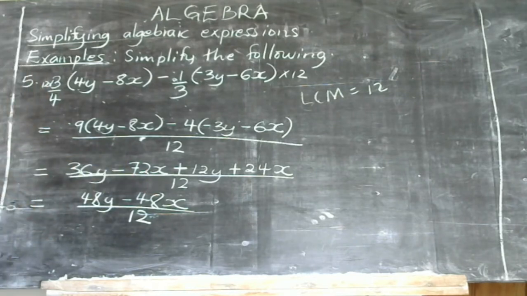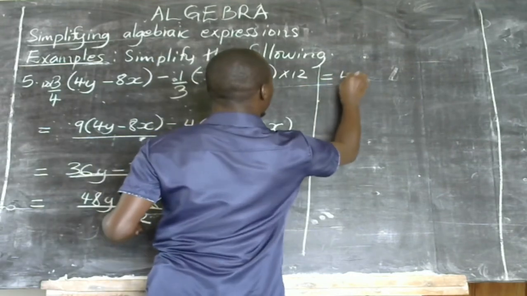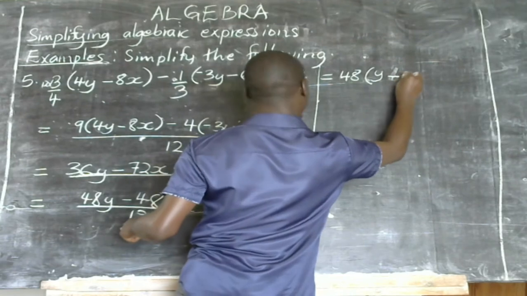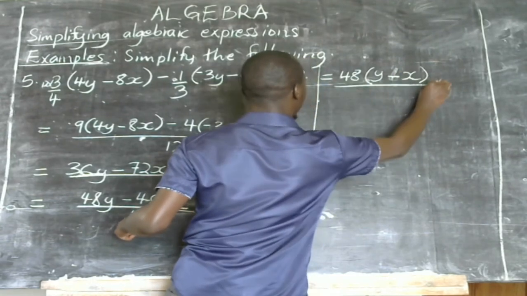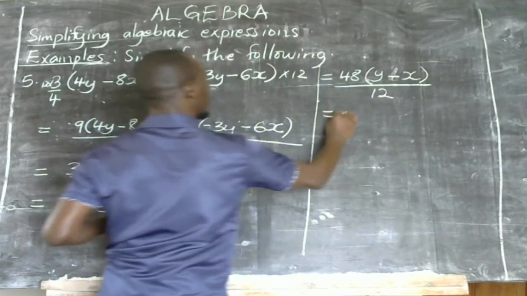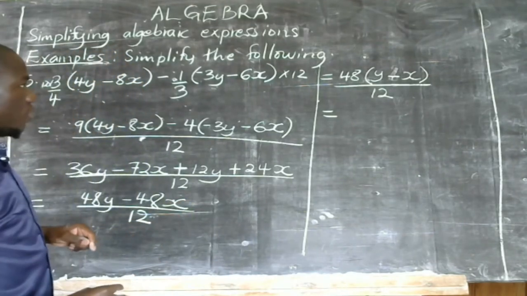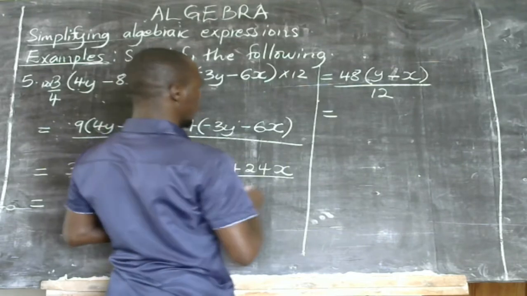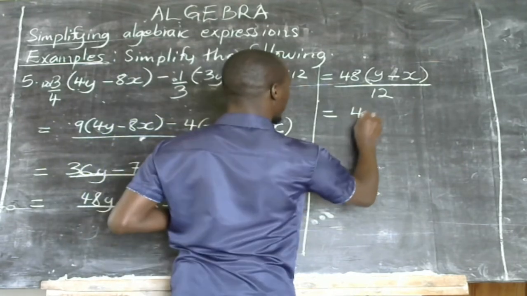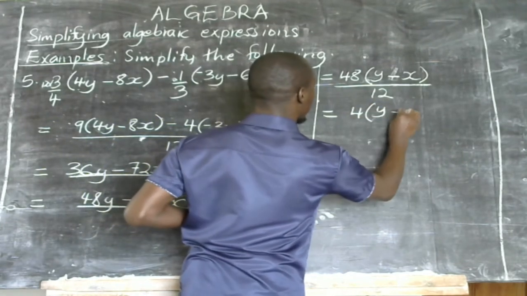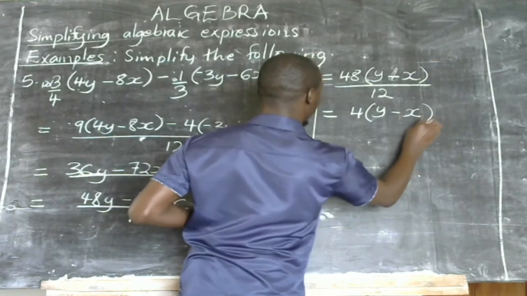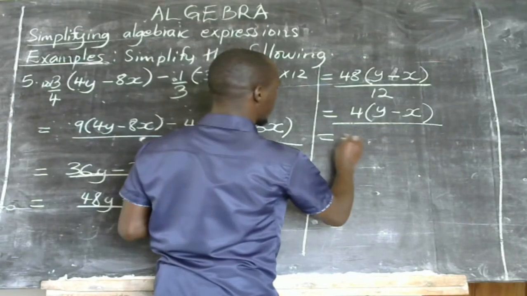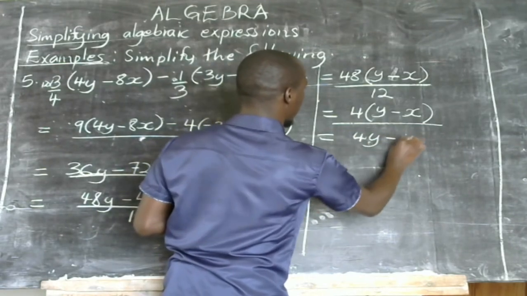I can factor it out. So 48 into y minus x divided by the 12. The 12 is going to reduce the 48 4 times before into y minus x there. So I can leave the answer there, or some other person can have it as 4y minus 4x.